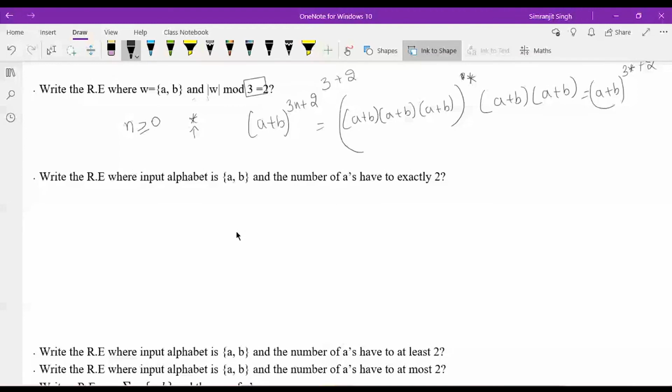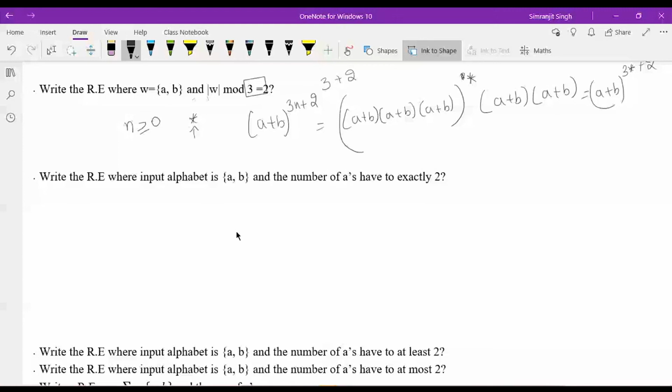Ishan, your answer seems correct, but the string that contains BABA, in your answer BABA is not possible. So that is why, if you write a B star between these A's, that will be very good. I think Rishika has also got the right answer.